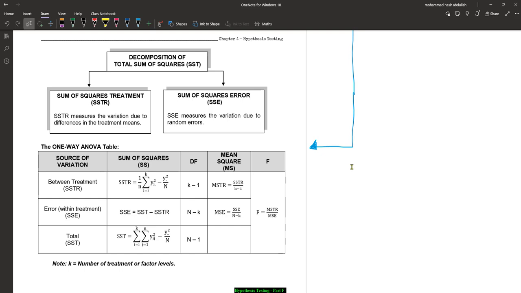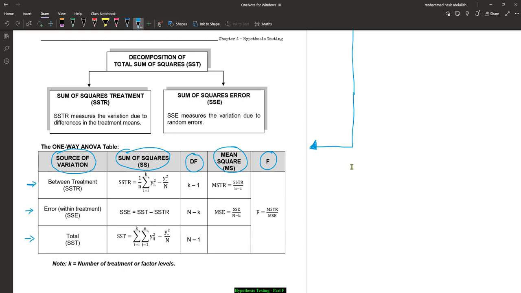So this is one-way ANOVA table. So in the first row, we have between treatment. So this is the source of variation. Nama pun dia akan sama, the source of variation. We have sum of square. We have degree of freedom. We have mean square. And last we have the distribution lah, the value, which is F distribution. So the first row should contain between treatment. The second row should contain error. The last row should contain total.